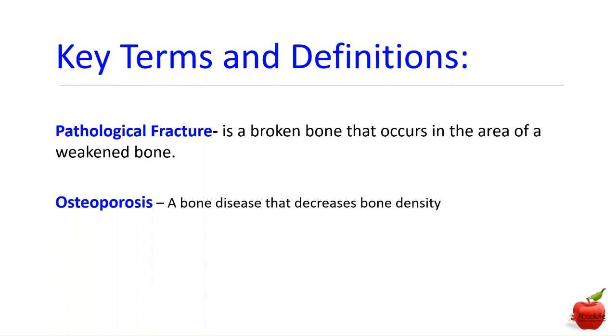Osteoporosis, that's a bone disease that decreases bone density. Be sure you grab that. The density of the bone is decreasing. Hence, osteoporosis, you think of holes in the bone.